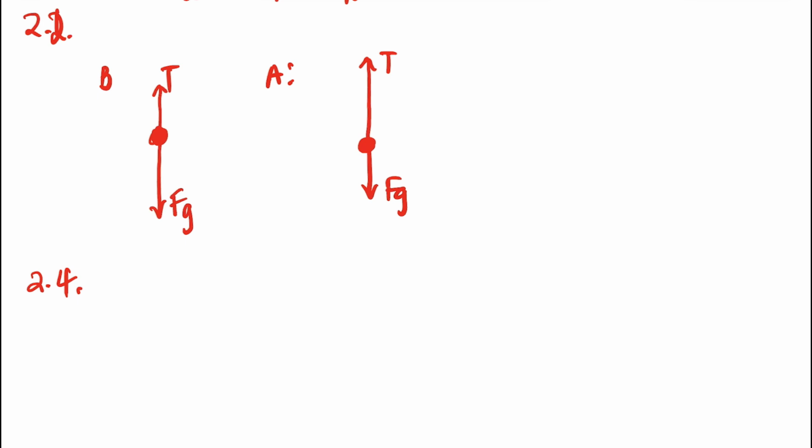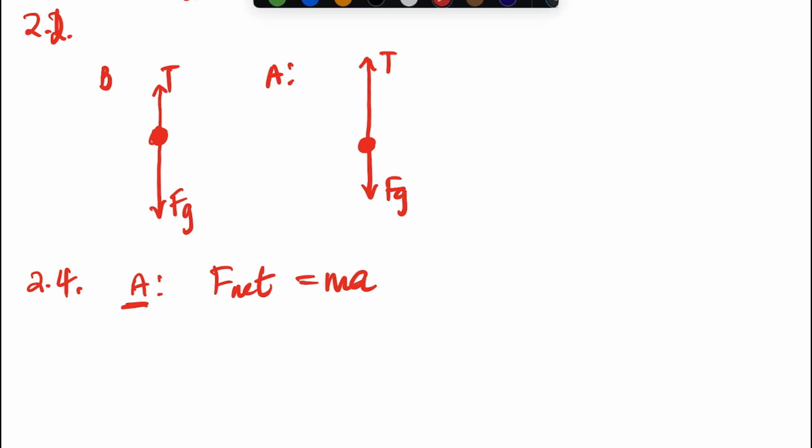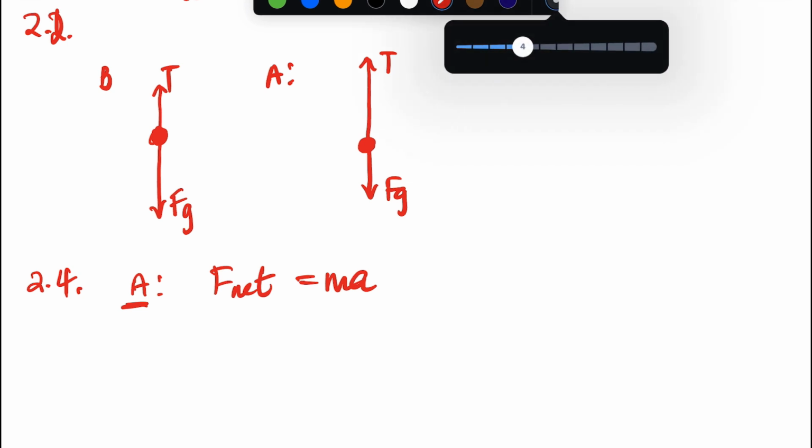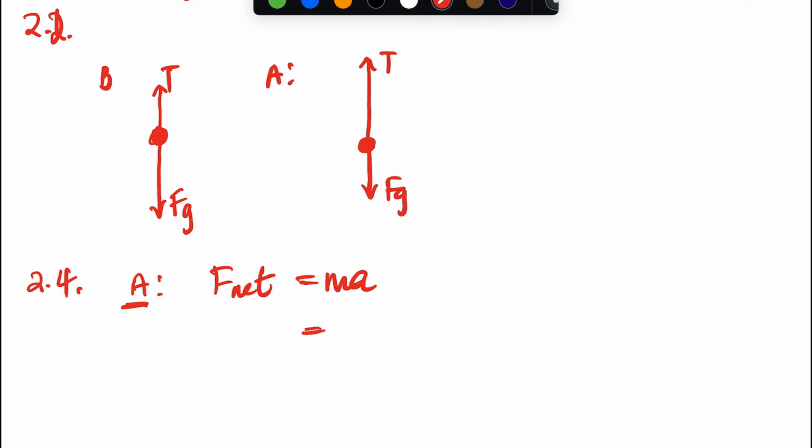So we'll start with block A. I'll say F net equals ma. You see, I'm labeling that I'm dealing with block A. Now in block A, what are the forces acting? Here it is.